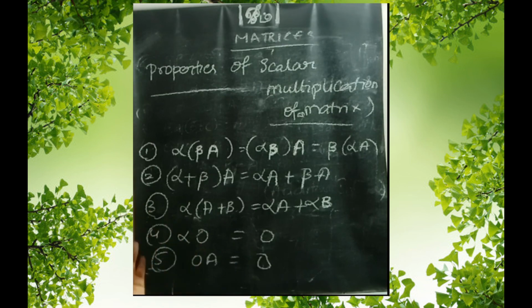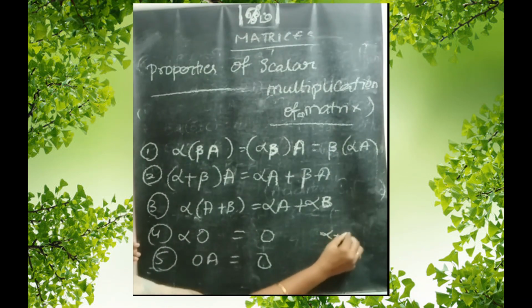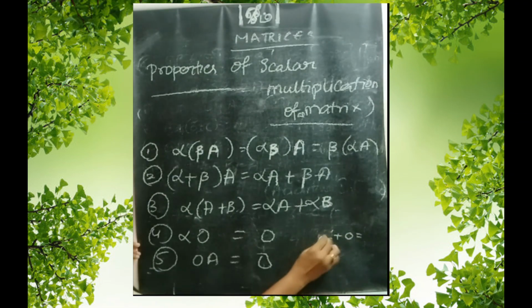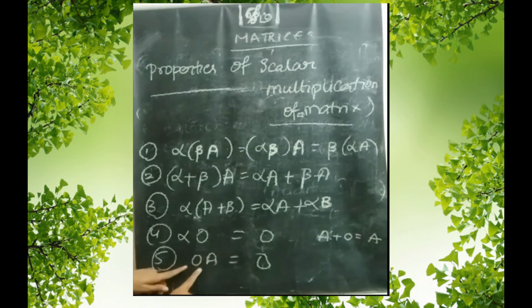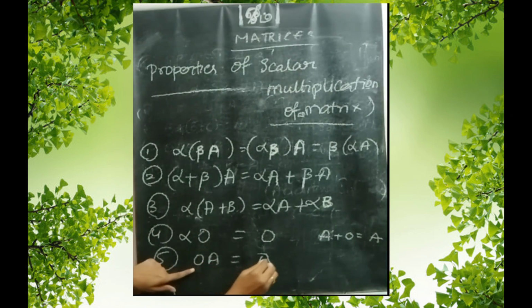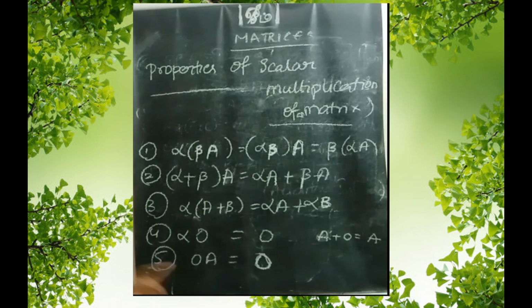Don't confuse between addition and multiplication. If alpha plus 0, for example A, then you will get A here. If multiplication, then you will get the 0 matrix. Anything multiplied with 0 equals 0 only. Don't confuse in this and in this.